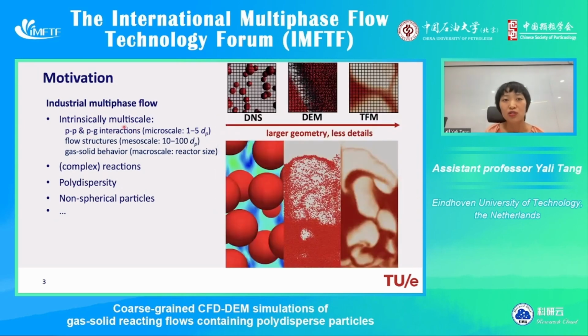And first, to tackle the challenge of multi-scale feature, of course, we cannot model the entire reactor in one single model. So usually a multi-scale modeling framework can be used. David also shared a quite complete framework here. I show it only with 3 types of modeling, from direct numerical simulation to discrete elements method and up to 2-fluid model.